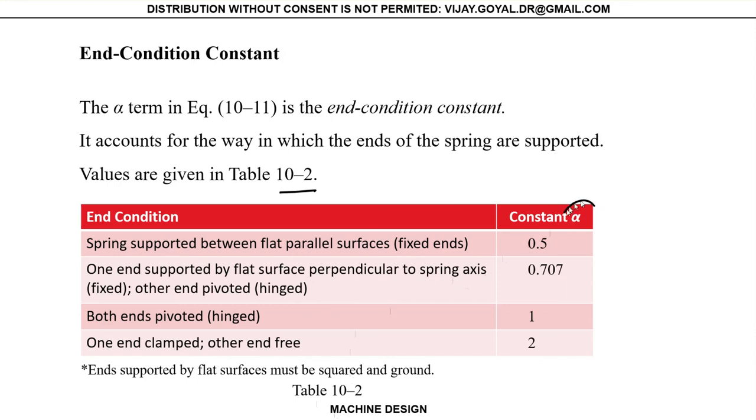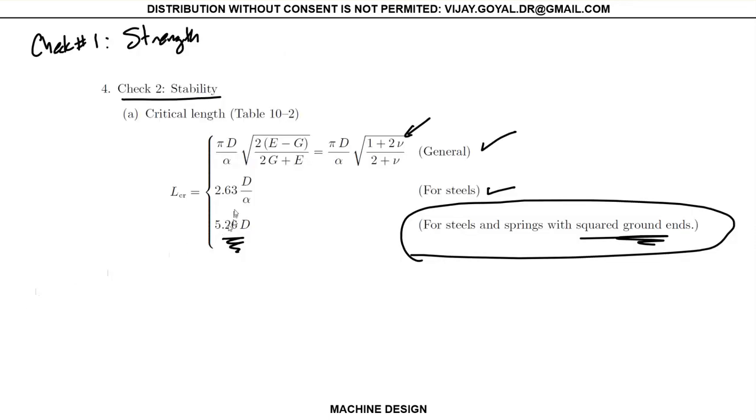These are the values of alpha. You can see that if both ends are pivoted, alpha is 1. If one end is clamped and one free, alpha is 2, and so on. Depending on the case, that's the value you use. Again, this is very common because most of our springs are steel and most have ground ends, so this value becomes very handy.